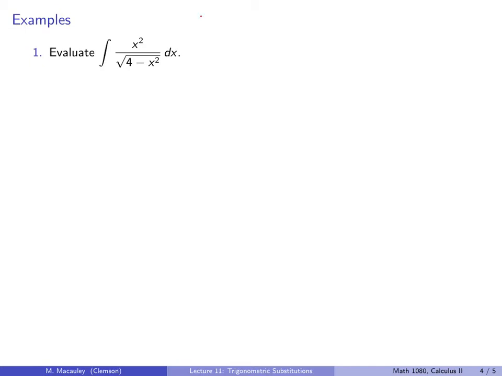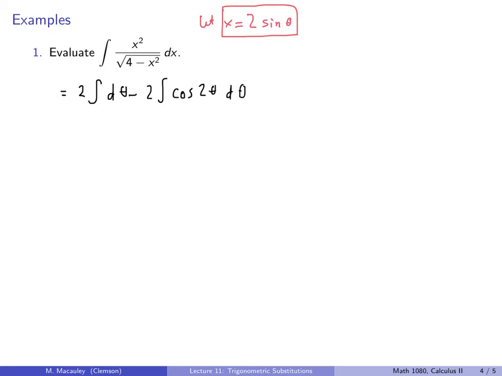Remember, we let x be 2 sine of theta. Let me box that. And the integral that we left off with was 2 integral of d theta, that's easy, minus 2 integral of cosine of 2 theta d theta, that's also easy.